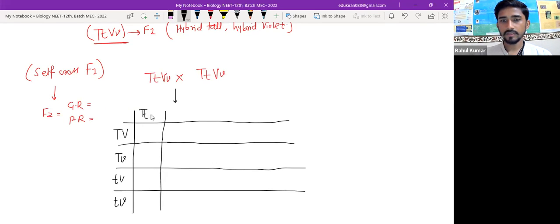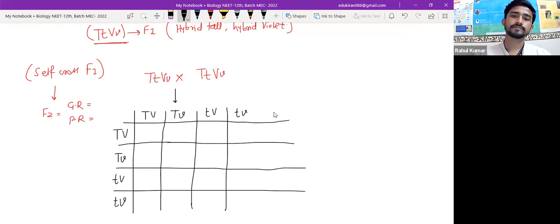Capital T, capital V, capital T, small v, small t, capital V, and small t, small v, correct?